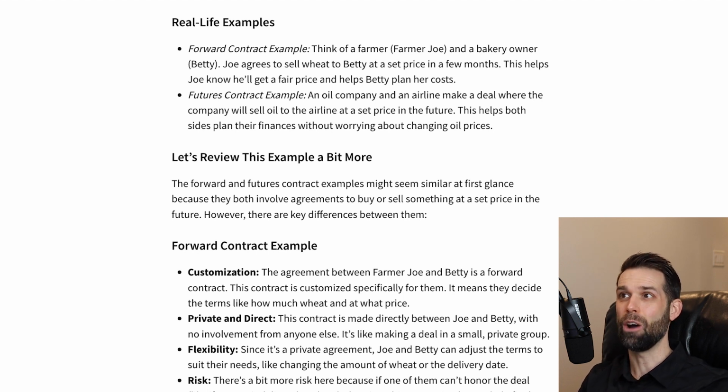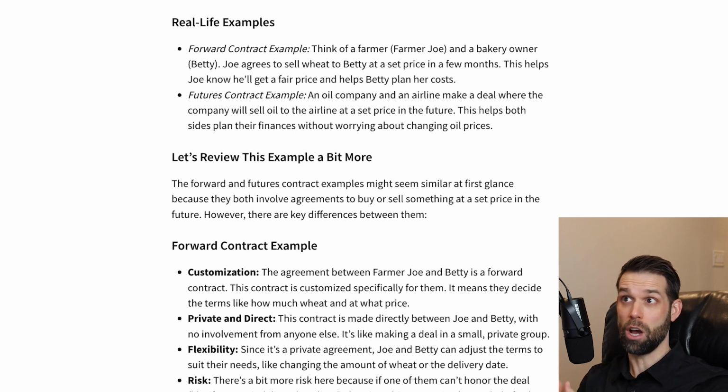Joe agrees to sell wheat to Betty at a set price in a few months. This helps Joe know he'll get a fair price and helps Betty plan her costs. So this is a wheat distributor and a bakery owner. They're hedging, using a forward contract to hedge the price of this commodity.